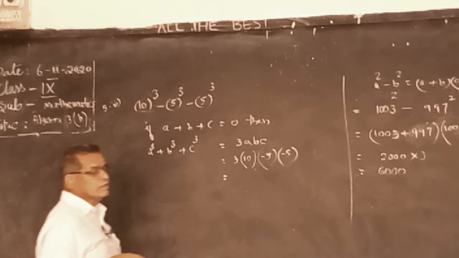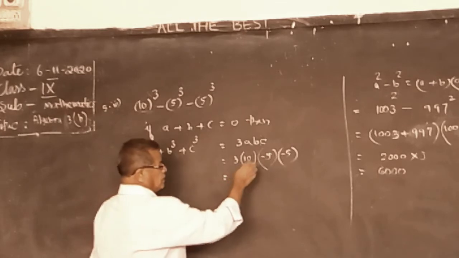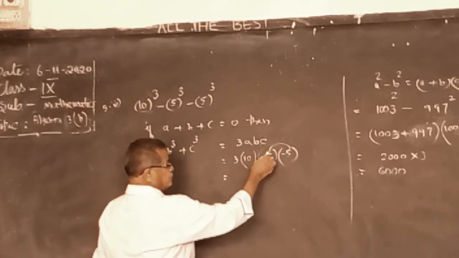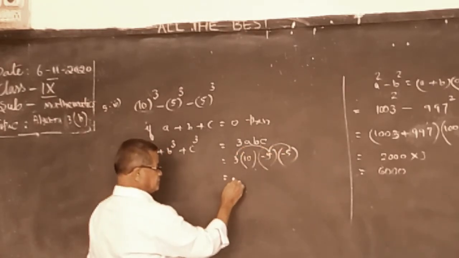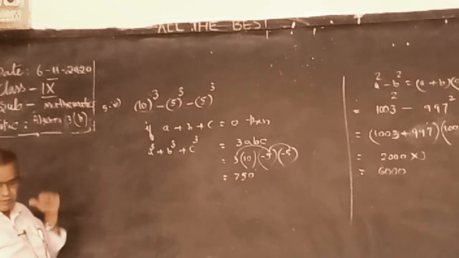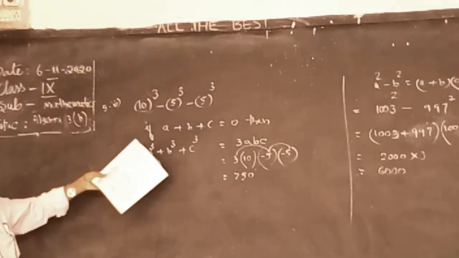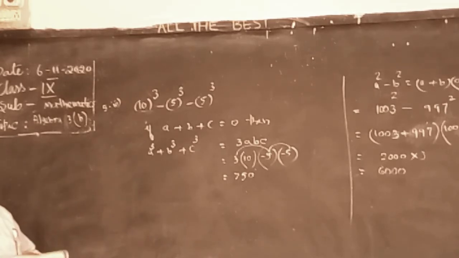Minus into minus first becomes plus. 5 into 5 is 25, 25 into 3 is 75, into 10 is 750. See, it is much easier. Without actual calculations and multiplications, we can do it easily within seconds by applying the formula.